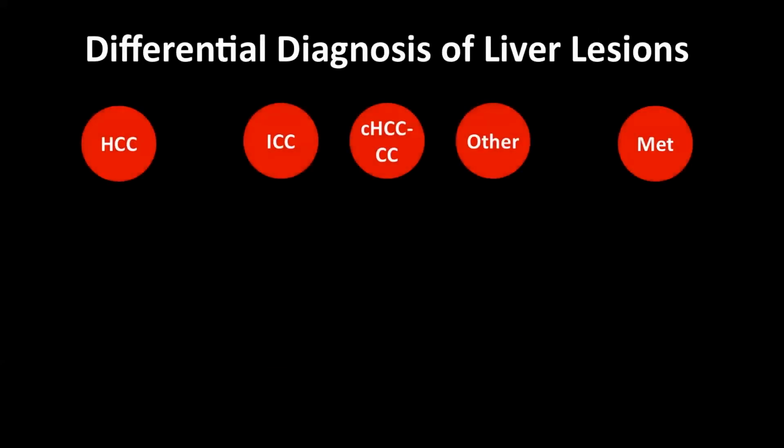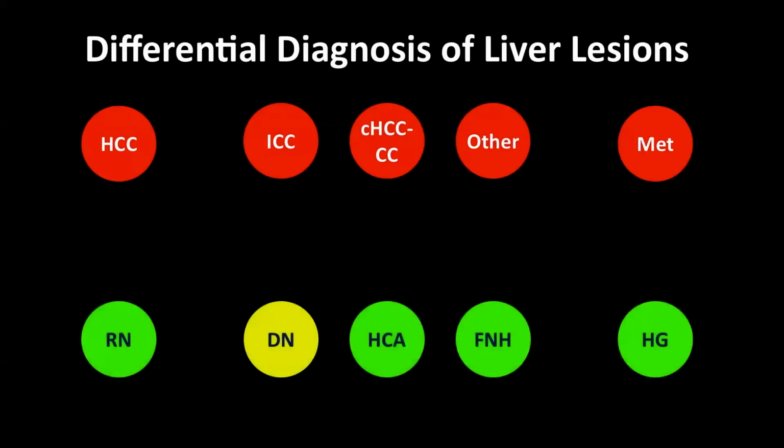Liver lesions can be malignant, and here we have hepatocellular carcinoma, intrahepatic cholangiocarcinoma, tumors that can't make up their mind what they want to be, so-called combined HCC cholangiocarcinomas, metastases from outside the liver to inside the liver, and some miscellaneous things like lymphomas and sarcomas, which are pretty rare. So we can have malignant liver lesions.